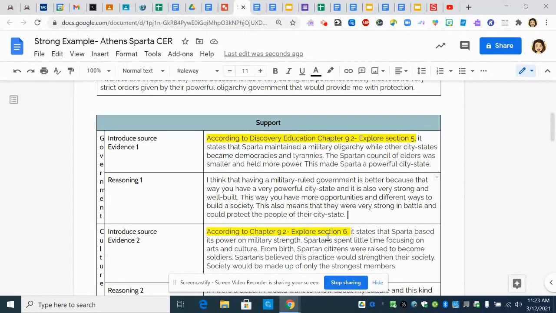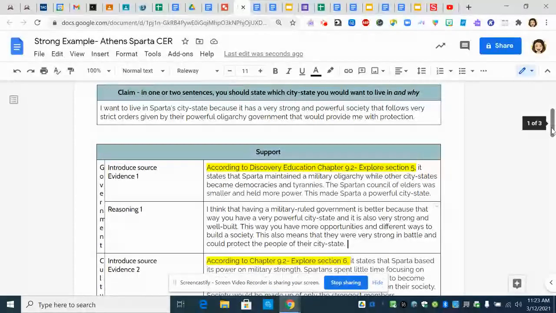So always go back to your rubric and make sure that you're following the directions in the rubric, okay? It is so important to cite your sources. So again, you can see this is a strong example of how to provide evidence to support your claim and develop reasoning to show why your evidence supports your claim.